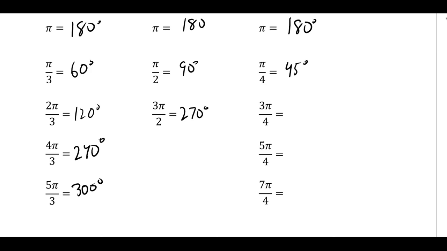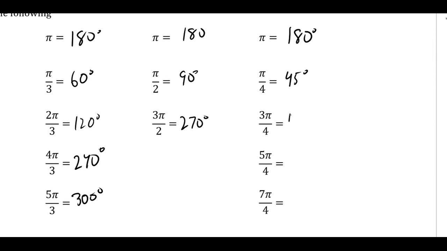So if I have 3 of those, 90 is 2 of them. Other 45, 135.